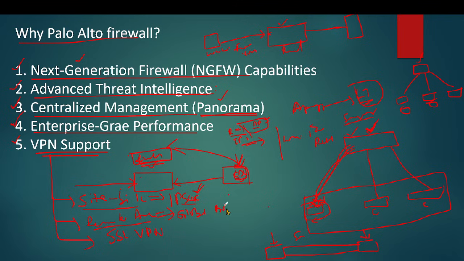So based upon the firewall vendor this remote access VPN may differ, but in Palo Alto we will be calling it GlobalProtect. And this SSL VPN, mostly whenever you are accessing something on your web browser, first it will go through an SSL handshake. Okay, let me tell you one thing here regarding SSL VPN.